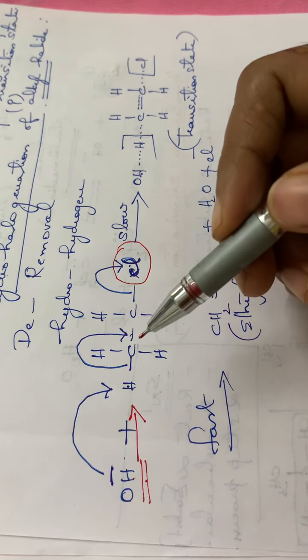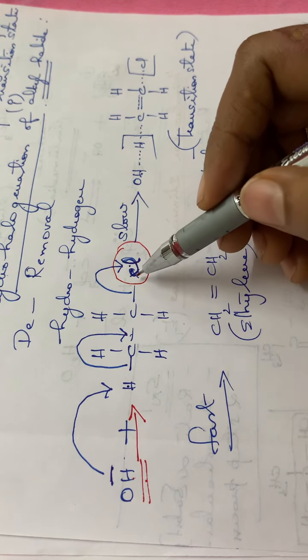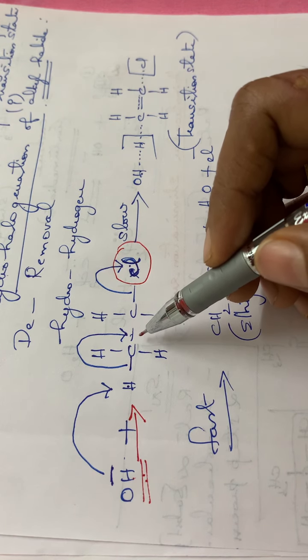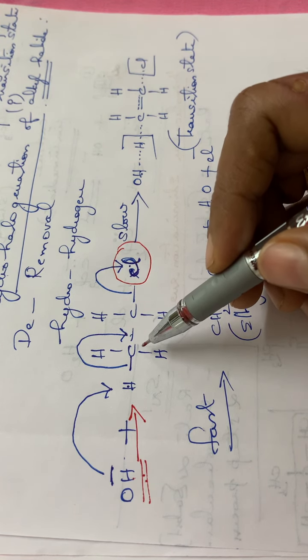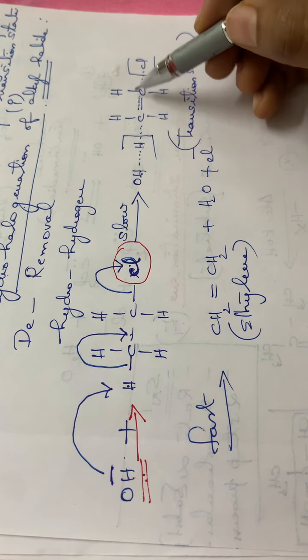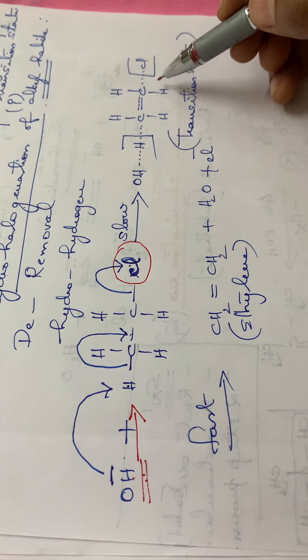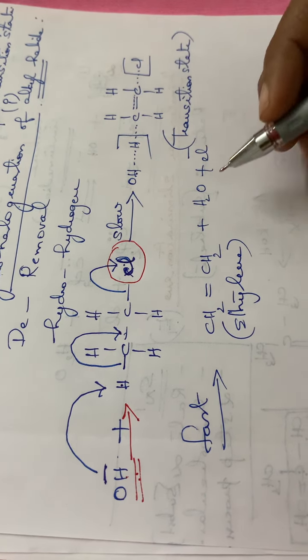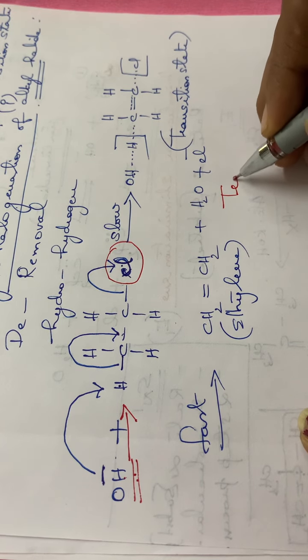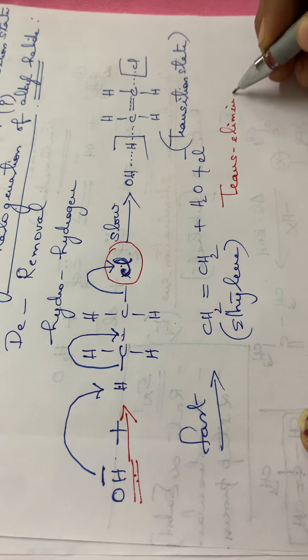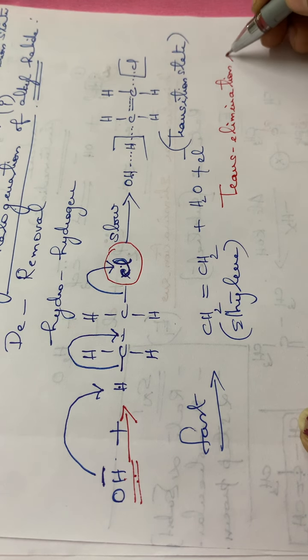We can say the attack of OH minus is from the trans position, so this type of elimination reaction we can call a trans-elimination reaction.